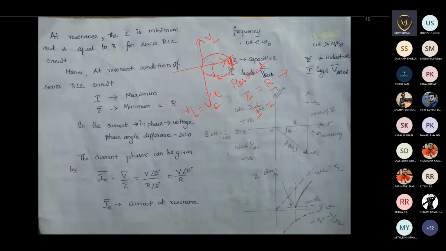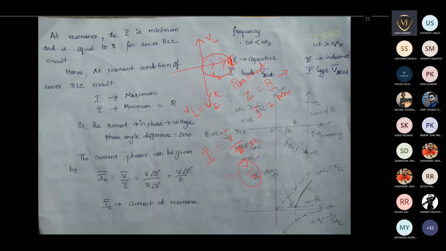In terms of current, the current will be maximum at resonant condition for a series RLC circuit. Then you can find I by using V phasor divided by Z phasor, where Z is nothing but R. Here you do not have the imaginary term, you can write it directly as V divided by R. Since it is a resistive circuit, the voltage and current will be in phase.